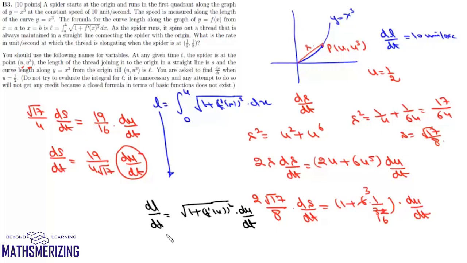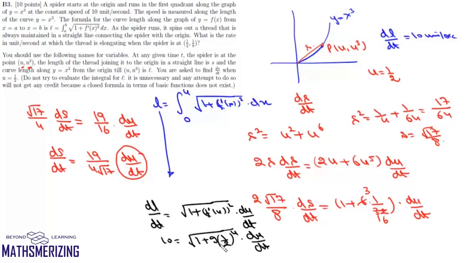Now it is given in the question that dl upon dt is 10, and this is under root of 1 plus. Now what is f dash u? F u is u cube, f dash u is 3u square. So it will be 9u to the power 4, and value of u is 1 by 2. So it will be 9 into 1 by 2 to the power 4 du upon dt.